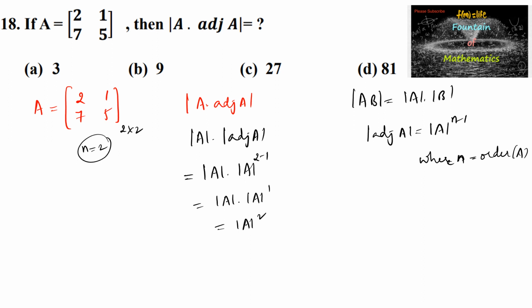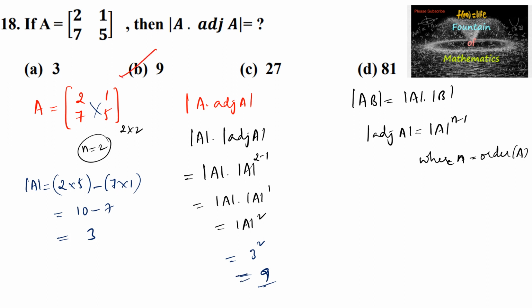Let us find the determinant of the matrix, which is AD minus BC, that is 2 into 5 minus 1 into 7, that is 10 minus 7, which is equal to 3. Here the answer is det A whole square, that is 3 square, which is 9. So 9 is option B, and we can go with option B.